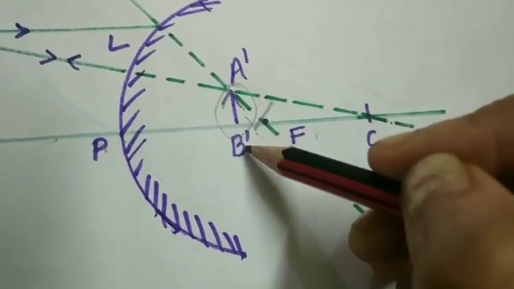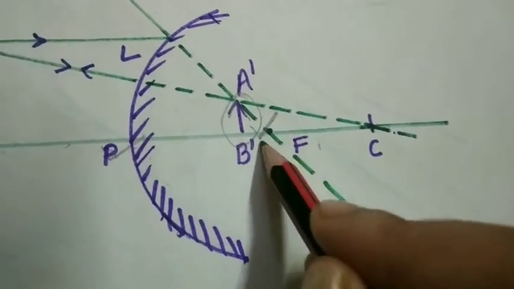Diminished means very small in size, and this will be formed between the pole and focus.